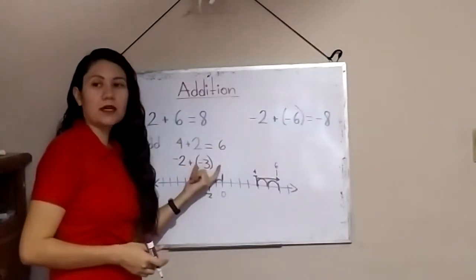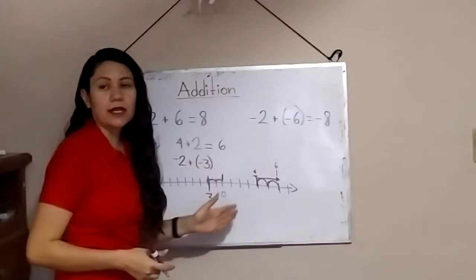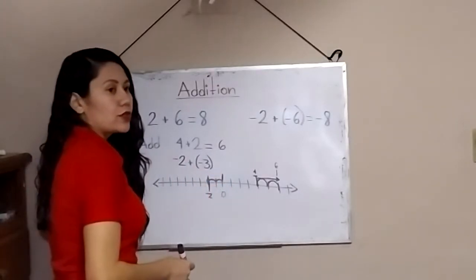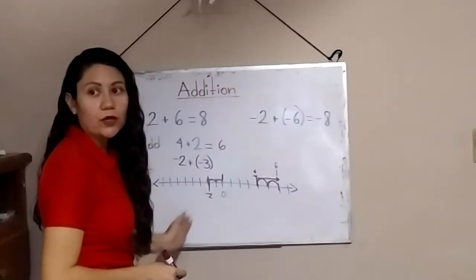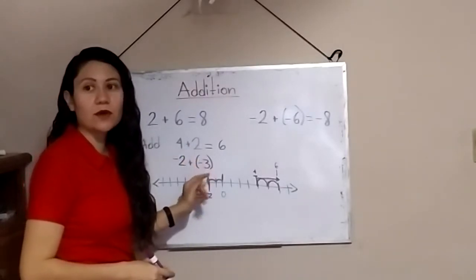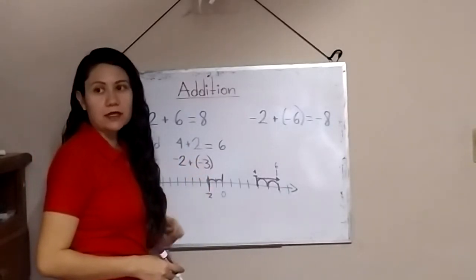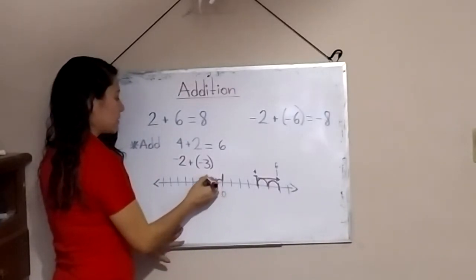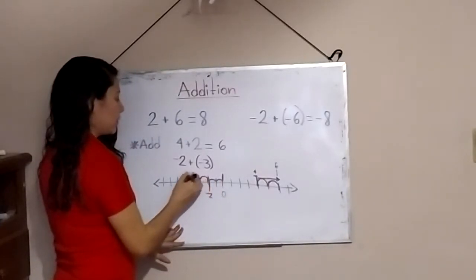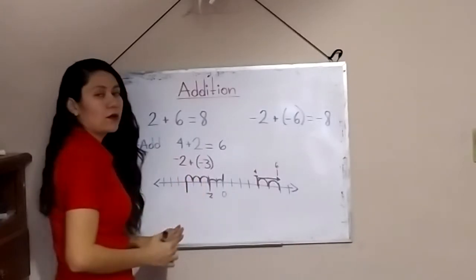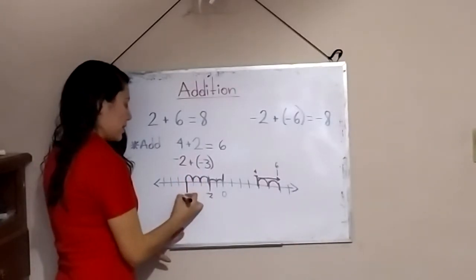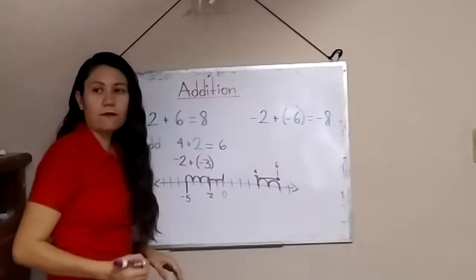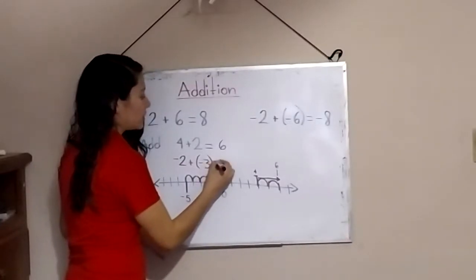Why? Because this is a negative number. Negative numbers go to the left of the 0. We're going to get away from the 0 three more places. So we go another 3 places. 1, 2, 3. And we get to negative 5.